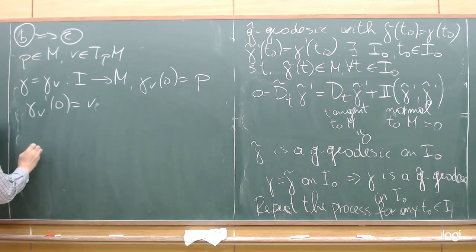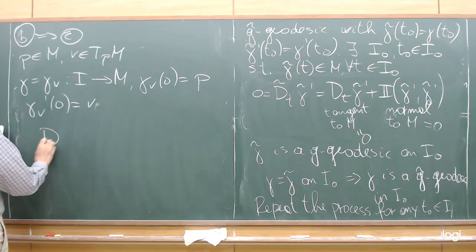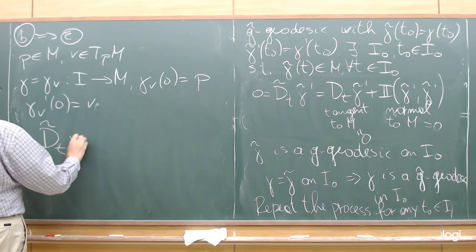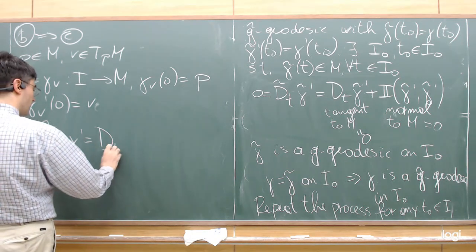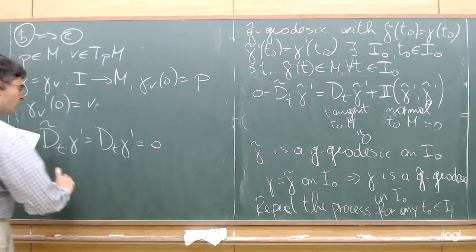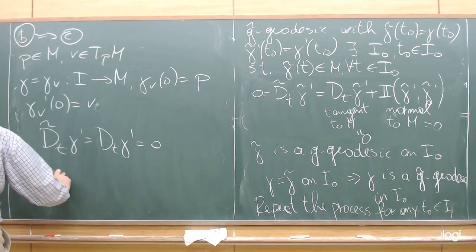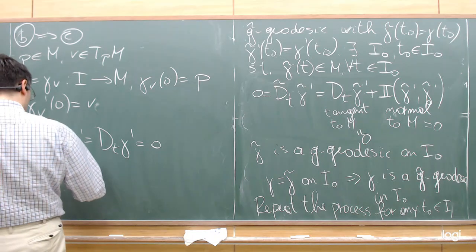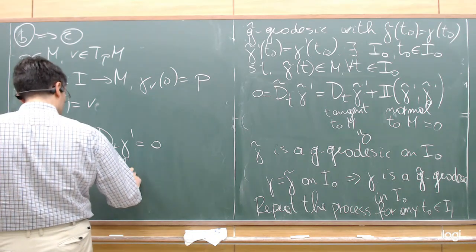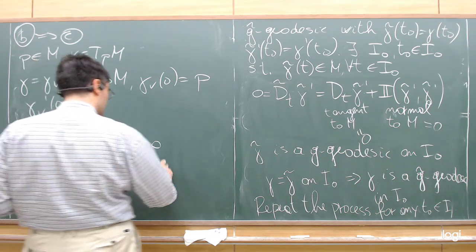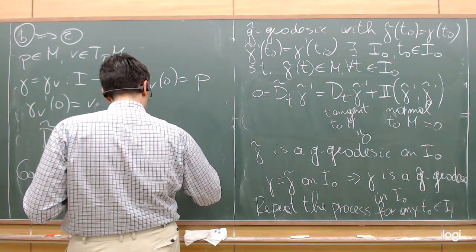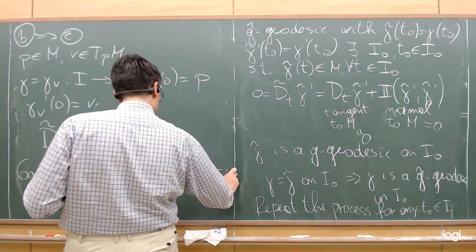By hypothesis, we have that both these covariant derivatives are 0. So Gauss formula along gamma implies that 2 gamma prime is 0.